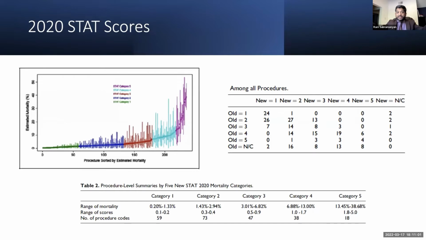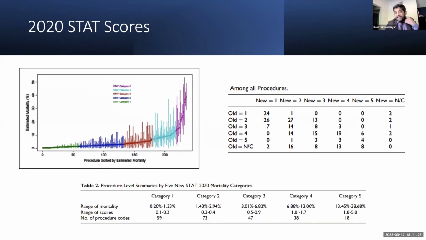We then converted this range of mortality to range of scores, and the range of scores went from 0.1 to 5.0. And in the last row, you can see the number of procedure codes that are within each STAT mortality category. Based on all of these, we assigned the 235 procedures specific STAT mortality scores and specific STAT mortality categories.